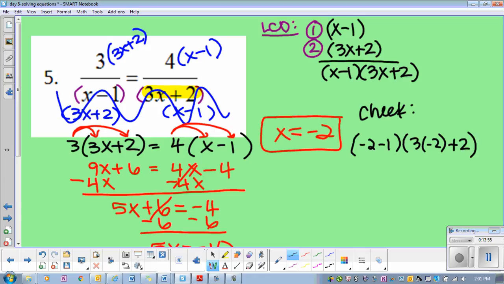And you know what you can do is just plug it into both of those separately and then multiply the two if you want. But to be honest with you guys, if you plug it into this and you plug it into that, and one of those gives you a 0, then it's not a solution. Did any one of those give you a 0, or does this whole thing equal 0? No. Nope. All right, so this one is a solution. It's a yes.